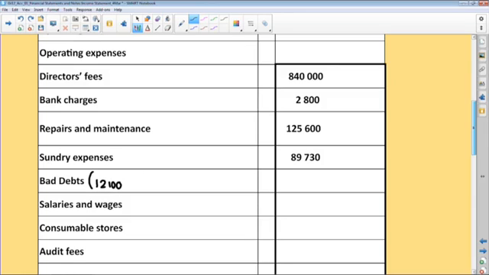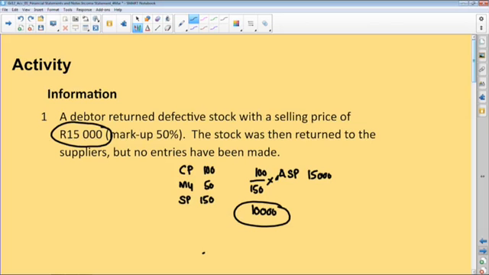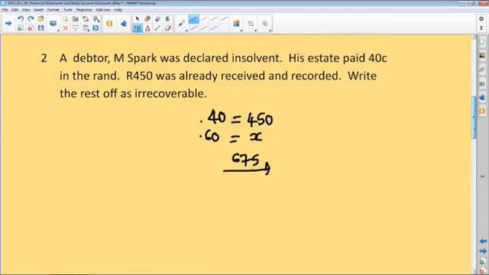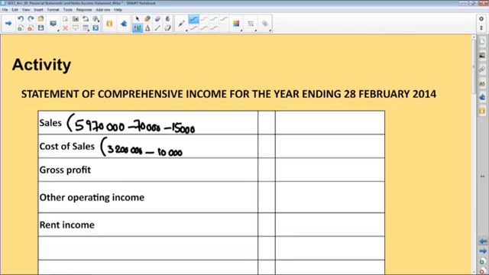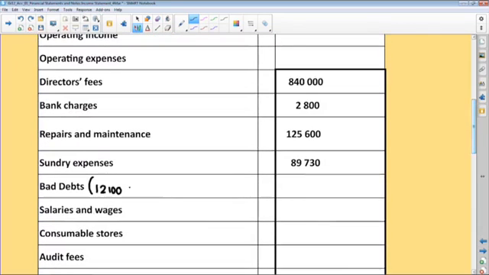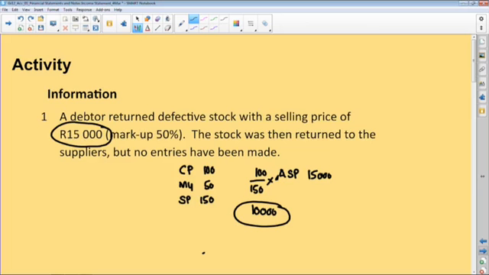My entry was a debit to my bad debts, a credit to debtors control, an amount of 675. Therefore, alongside bad debts, I say plus 675. Clear? Right. Let's go back and see what's the next adjustment.